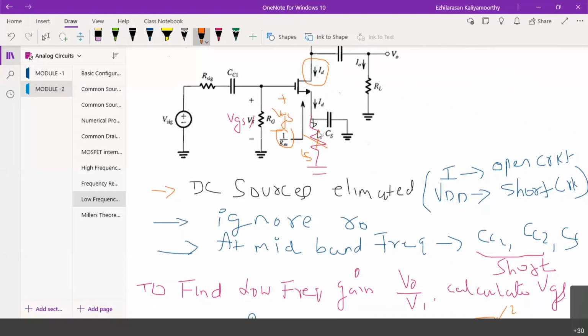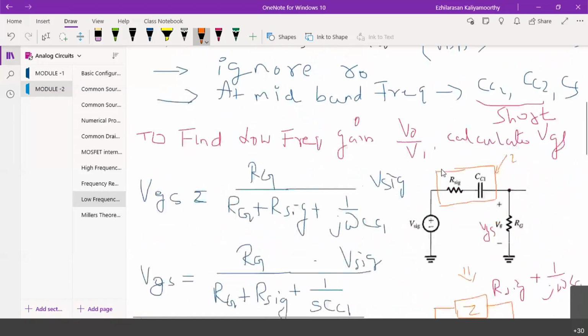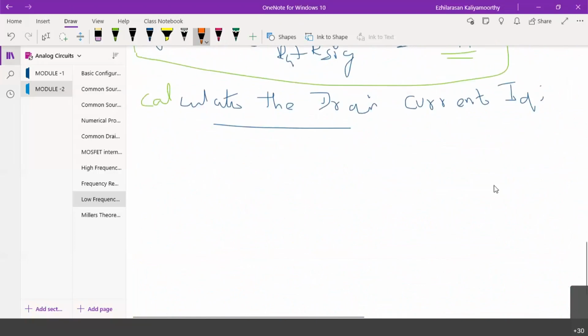So now we'll get like this. Here 1 by Gm is there, along with that we have the capacitance, the bypass capacitor, also connected to ground. Let me draw the diagram. This will be your ID, and this will be your VGS.